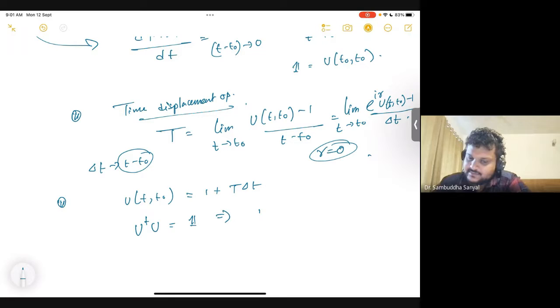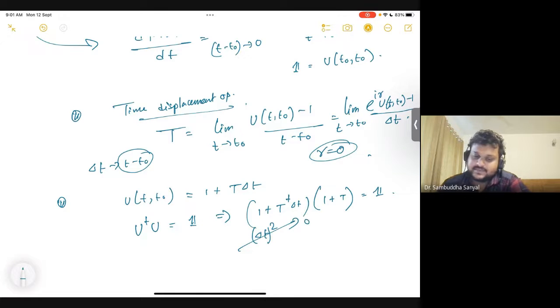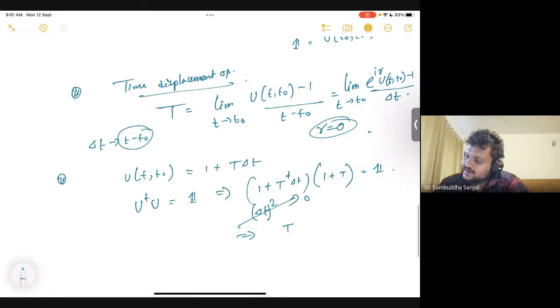So 1 plus T dagger delta t, times 1 plus T delta t, is equal to identity. If I ignore the delta t square terms, that implies T dagger is equal to minus T. So this has to be an anti-Hermitian operator.